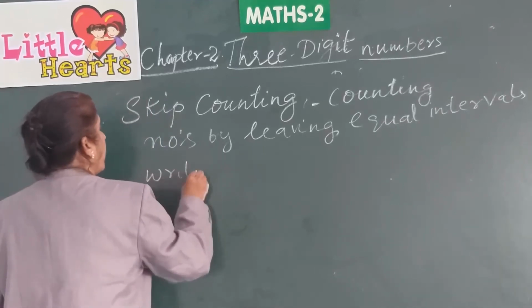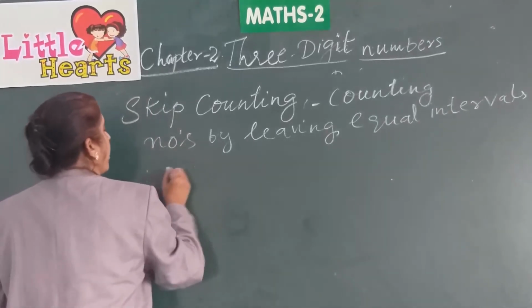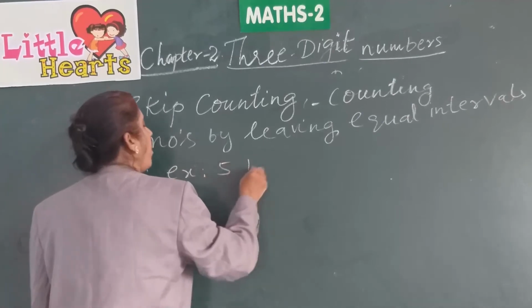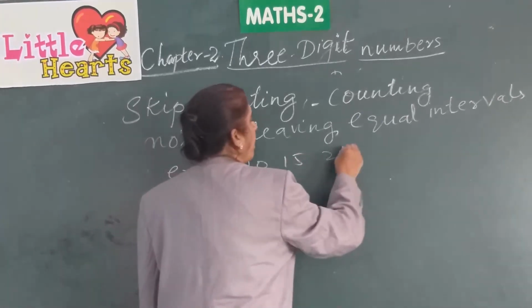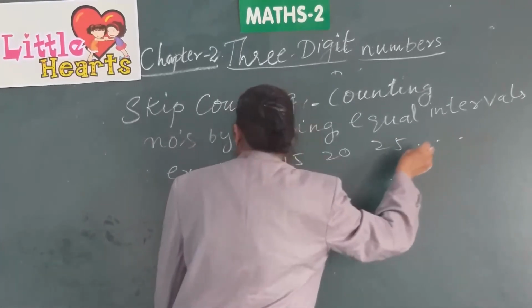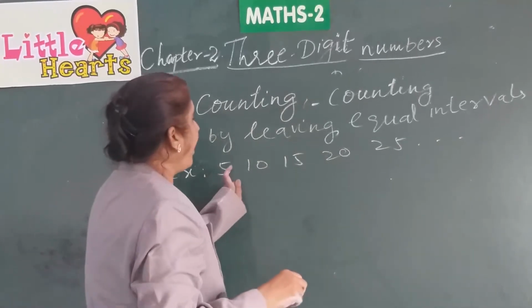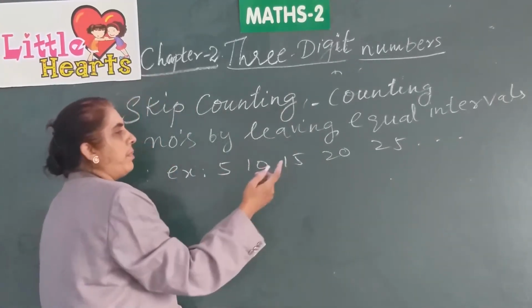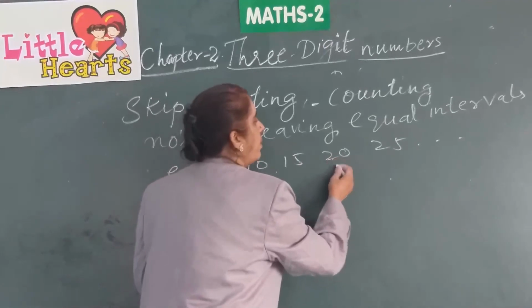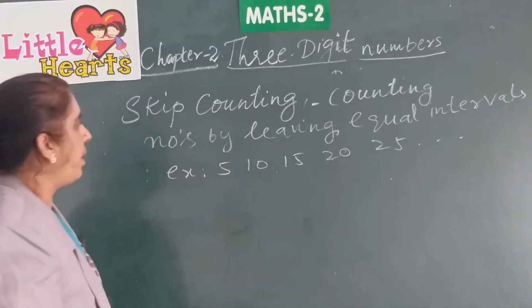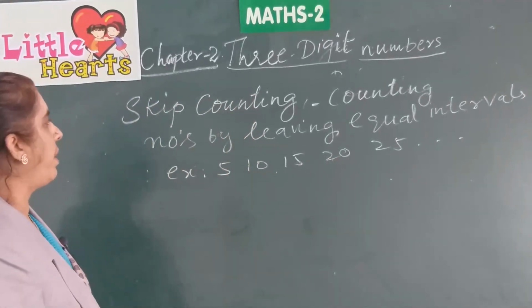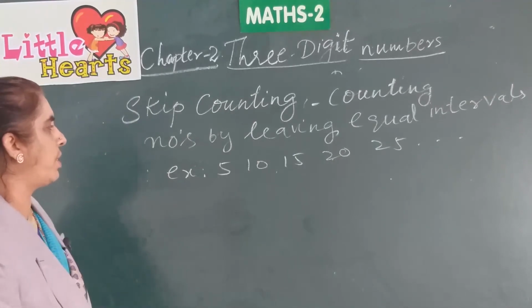Write 5, 10, 15, 20, 25. This series is following an equal gap of 5. To write the next number, we add 5. So, counting numbers by leaving equal intervals is called skip counting.